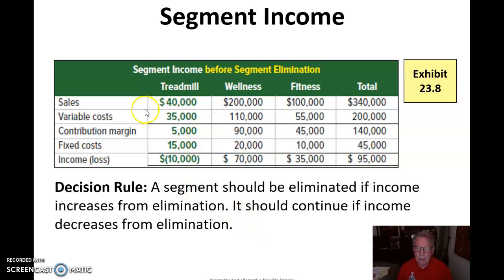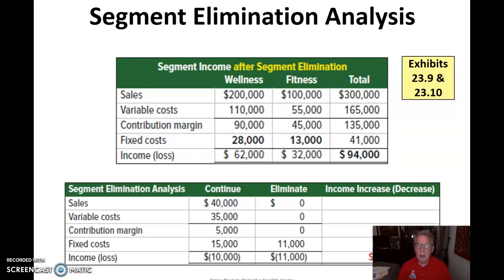If I make this product go away, this $15,000 would have to be absorbed by these other products. So it should be eliminated only if the income increases from elimination. It should continue if income decreases from elimination, which it does in this case.